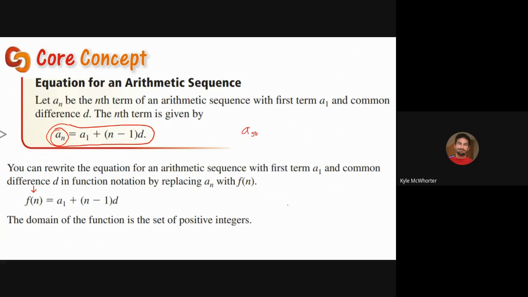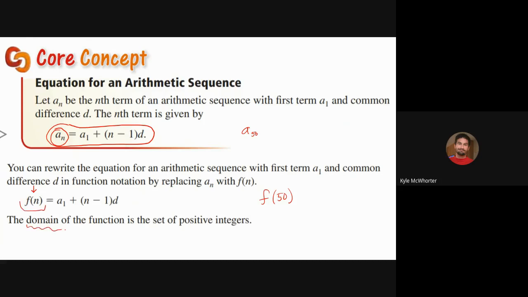So the notation for this one would be f of 50 instead. But on the right side of the equal sign, the exact same thing would happen. We would still plug a 50 in for n on both of them, end up doing 49 times negative 3, right? So it's the same, it's just in function notation now.